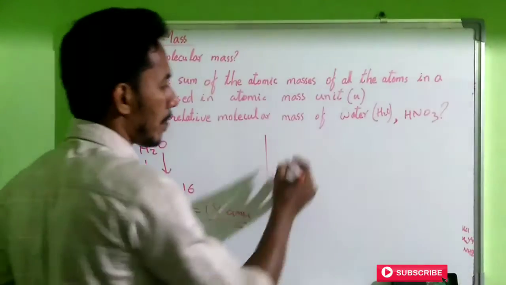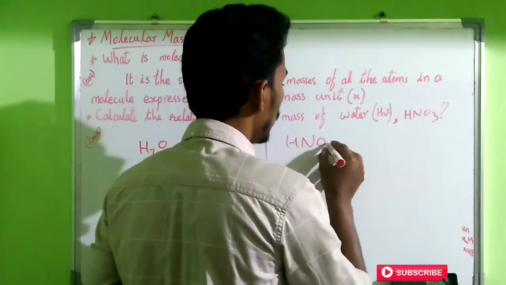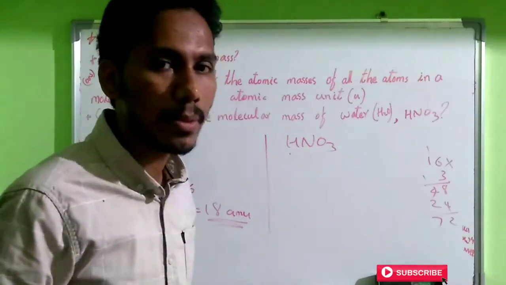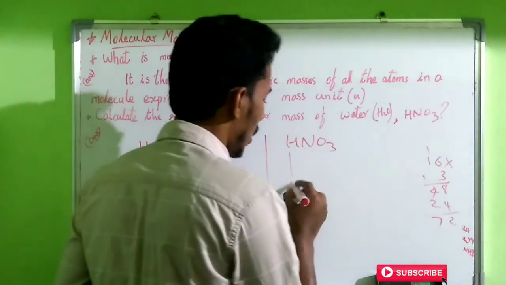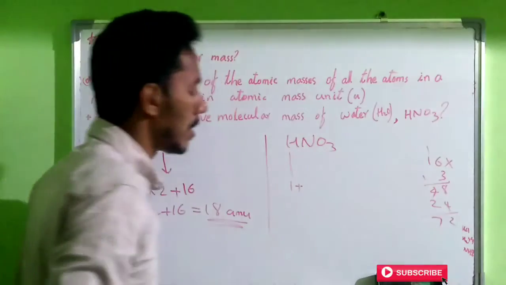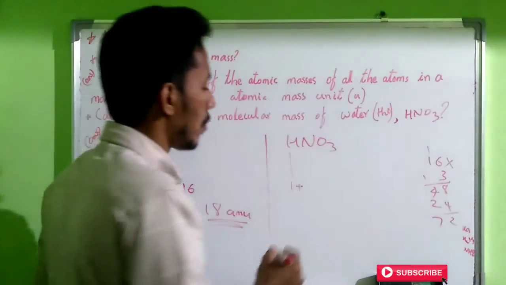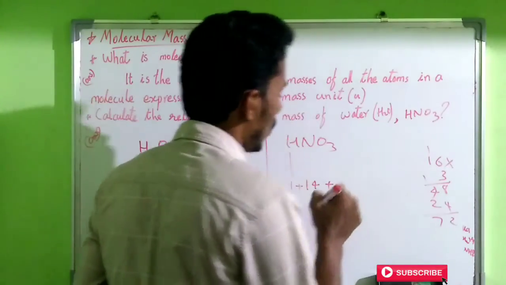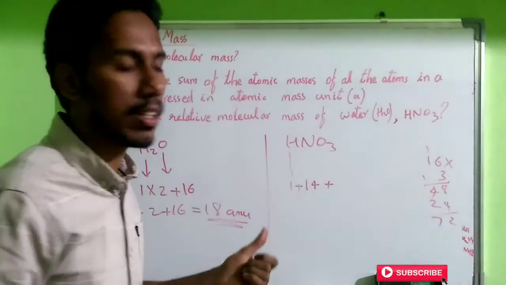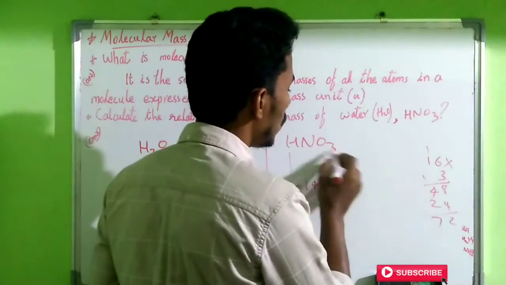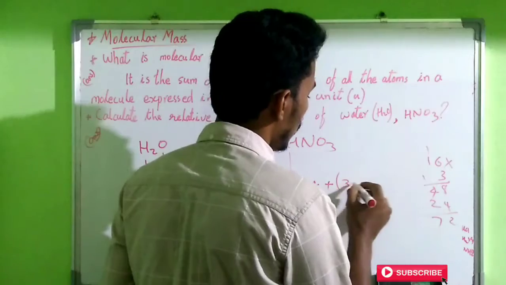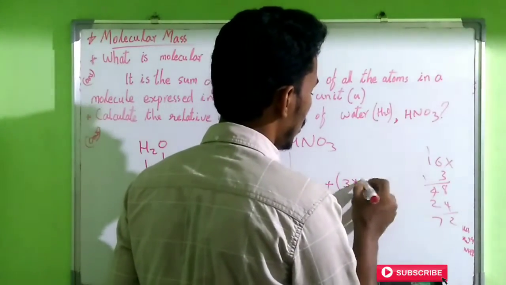Then HNO3. What is the atomic mass of hydrogen? It is 1. So 1 plus, what is the atomic mass of nitrogen? 14. Then the atomic mass of oxygen is 16 into 3. 3 atoms of oxygen are here.